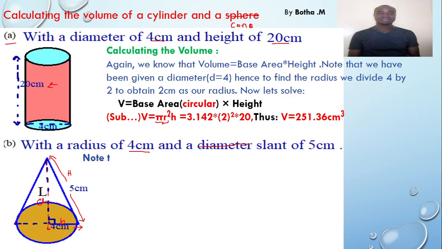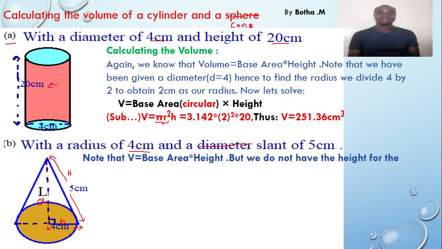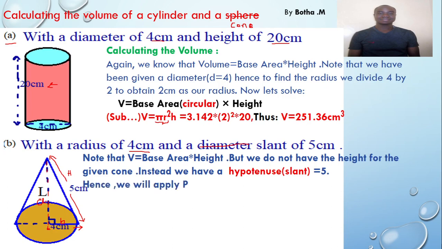Note that the volume is given by the base area multiplied by the height. Now we don't have the height for the given cone, hence we are going to use the hypotenuse, or the slanting line, which is equal to 5.